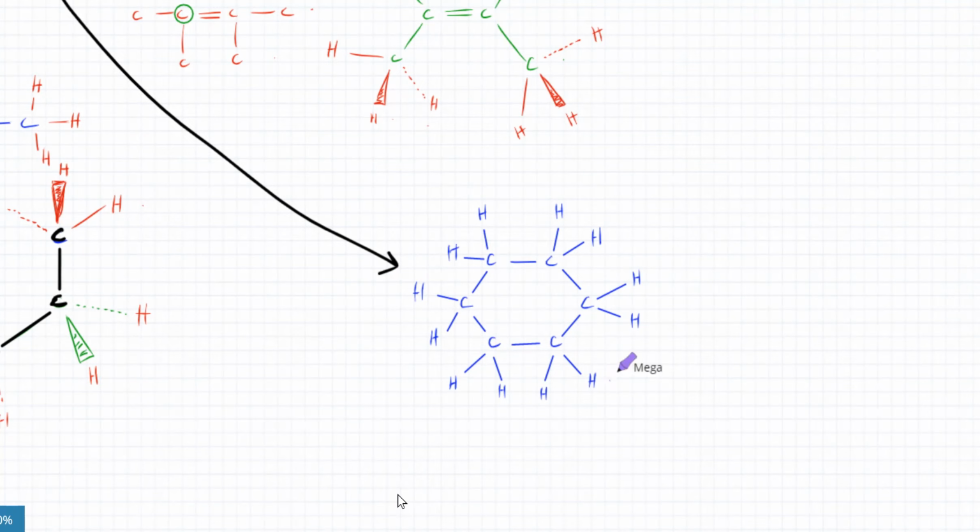The next thing is whether this molecule is planar or not. So how do you figure that out? Let's focus on this carbon atom, this one over here. Is this planar or not? First thing, when carbon makes 4 bonds, it is tetrahedral.